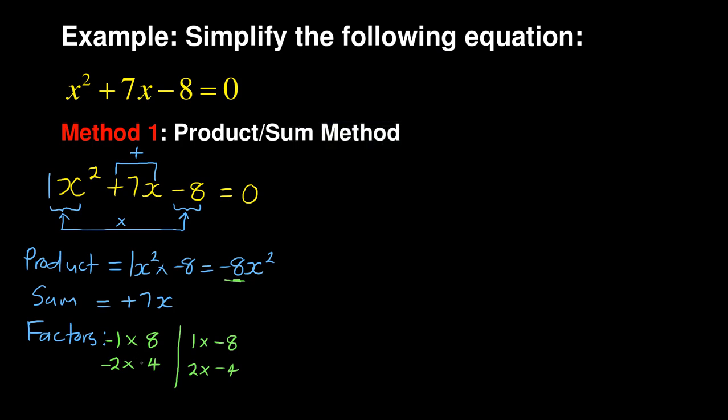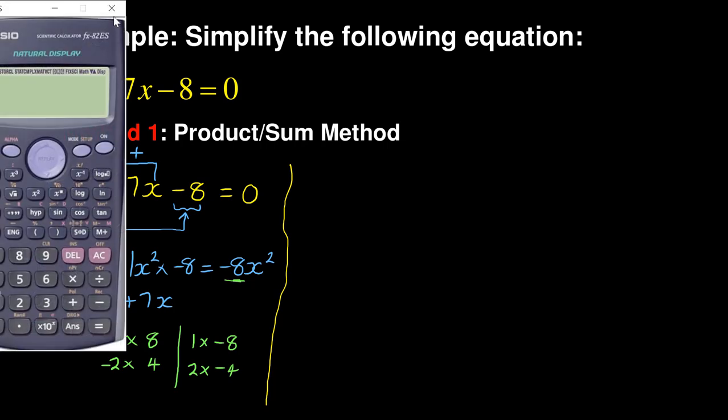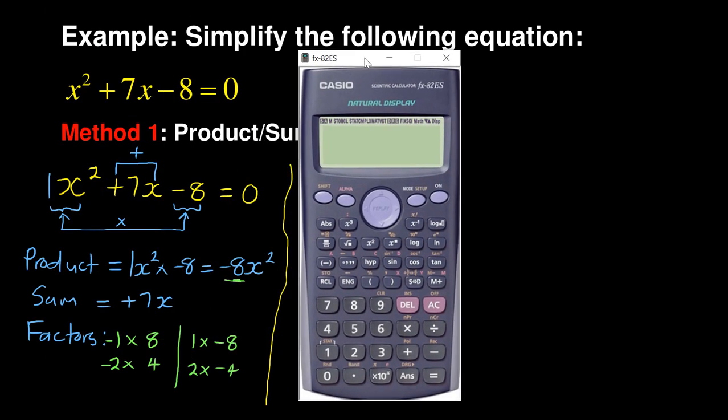So these are 4 different ways for me to get a negative 8. But now, from these factors, I need to find the sum of plus 7. So I have to start adding these numbers, and I'm going to look for the one that will give me a positive 7.